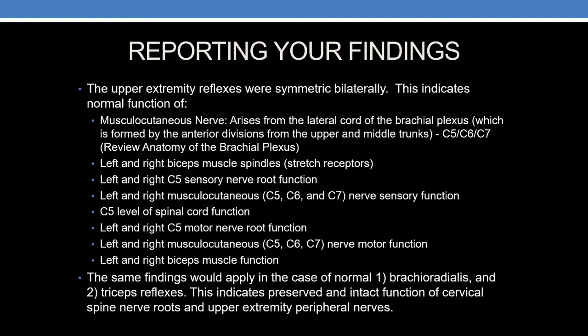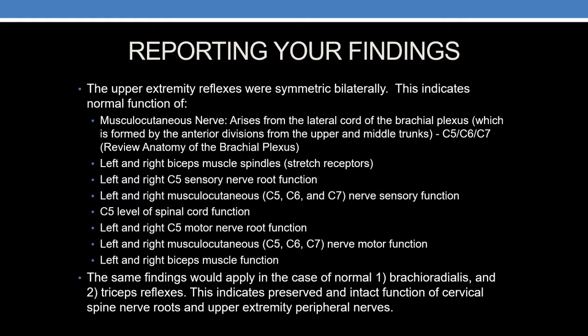It indicates that the left and right C5 motor neuron function and motor nerve root function is normal. It indicates that the left and right musculocutaneous motor nerve function is normal. It indicates that the left and right biceps muscle function is normal. And the same findings would apply in the case of normal brachioradialis reflexes and normal triceps reflexes.